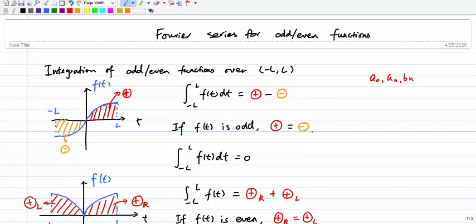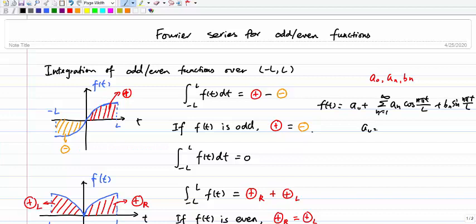Bn, because for a periodic function f(t), its Fourier series is given by A0 plus summation n from 1 to infinity of An cosine(n pi t over L) plus Bn sine(n pi t over L).